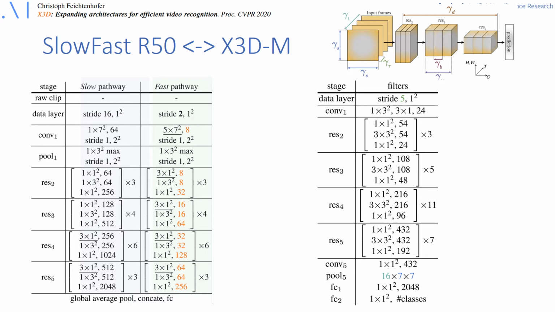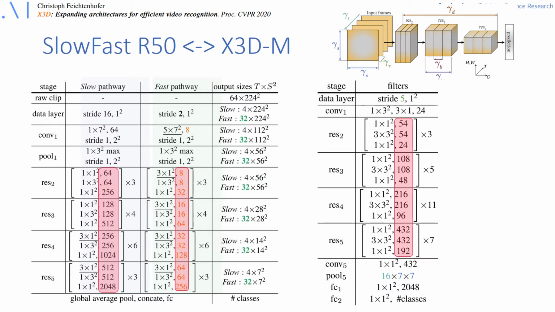Despite several other differences that we ignore for now, like the channel-wise convolution, we observe that the number of feature channels are quite different. So X3D on the right side has a low channel width, which is only slightly higher than the very lightweight fast pathway shown on the left here. And it's significantly lower than the number of channels in the slow pathway shown on the very left.